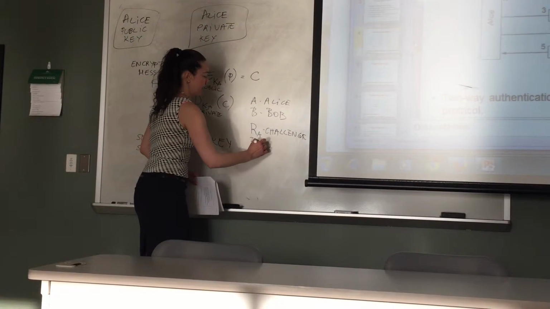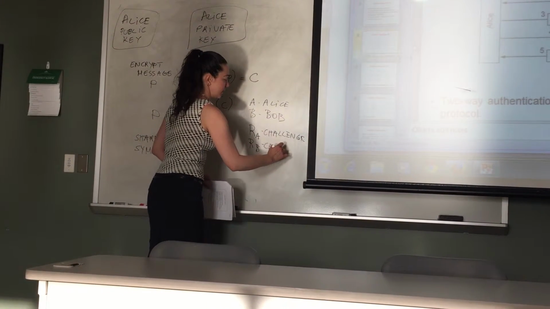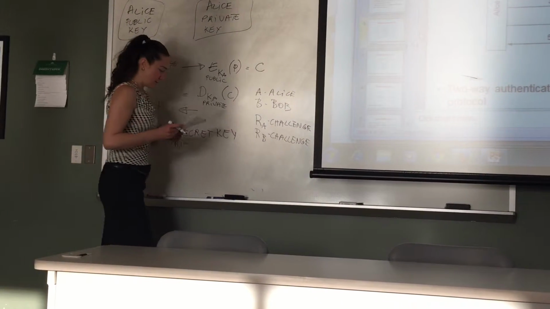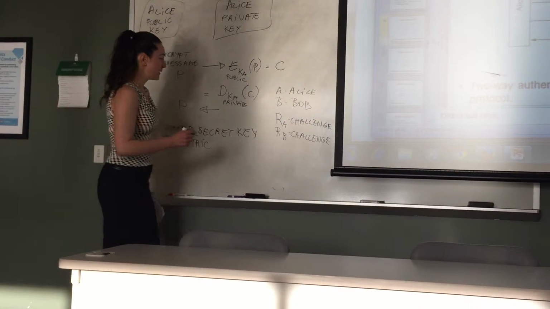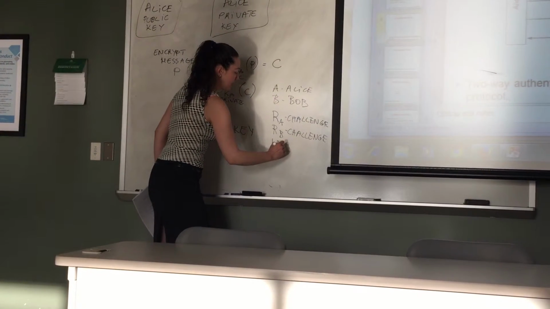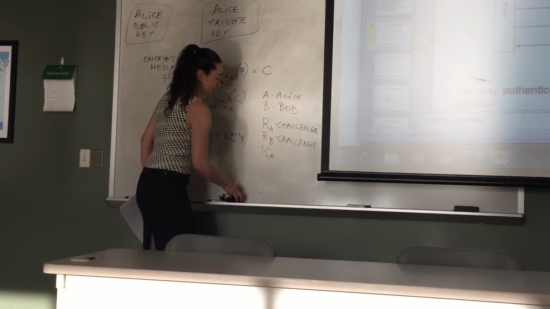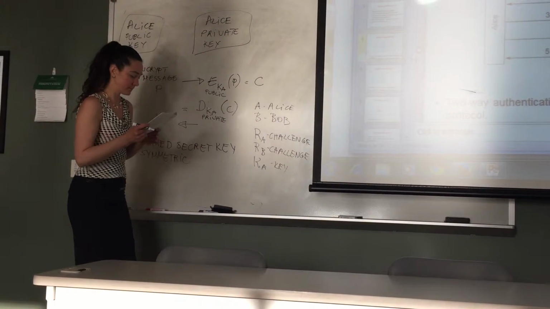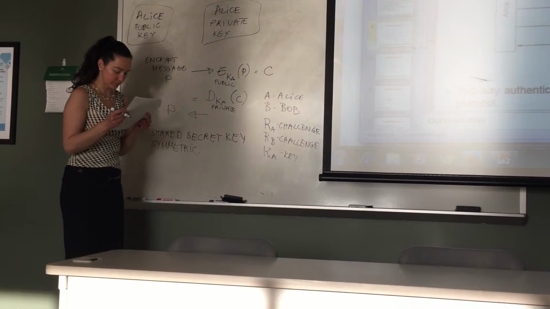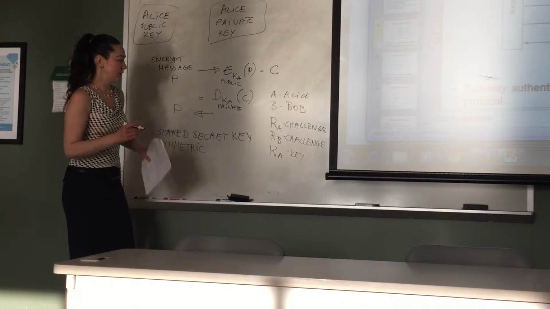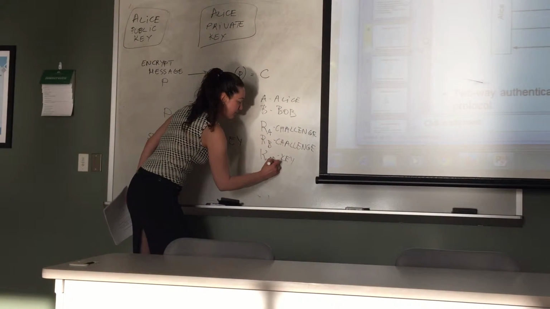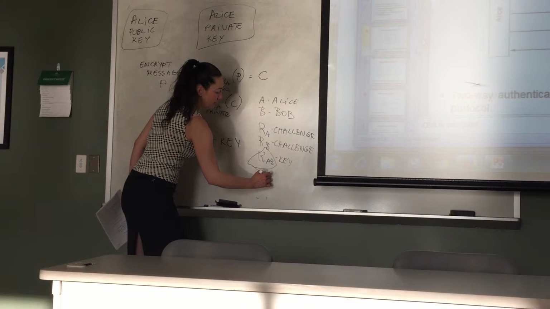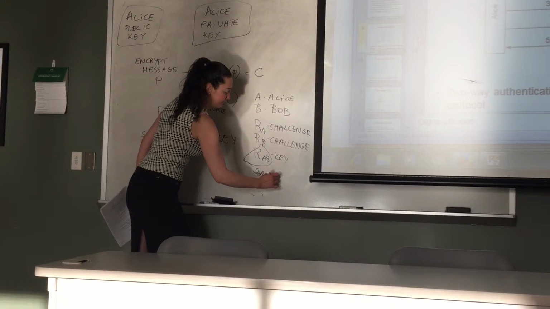Bob can do the same thing when establishing the secure channel. The key K would be the key for Alice, for example. So if the key says AB, this is a shared key between Alice and Bob.